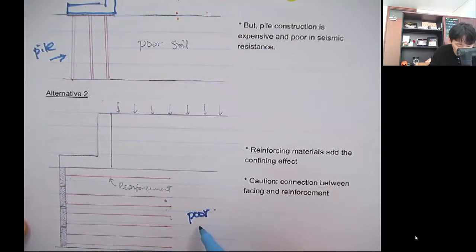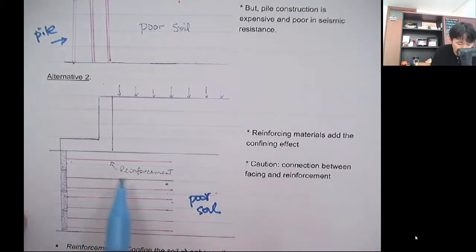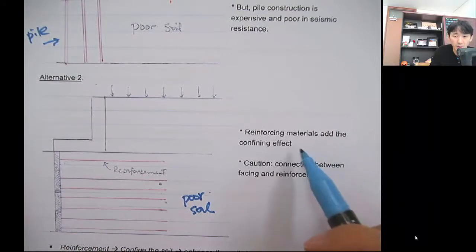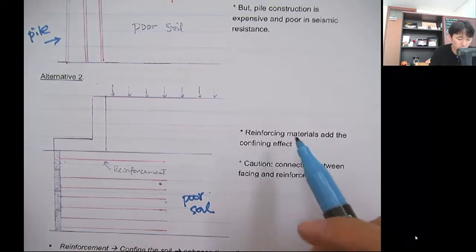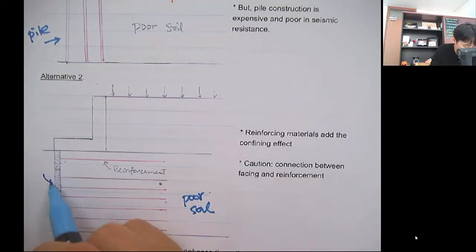This was the poor original soil, by reinforcing the soil using some strips. So this reinforcing material can apply the confining stress to the soil that will increase the shear strength. You can see here it also has some facing.